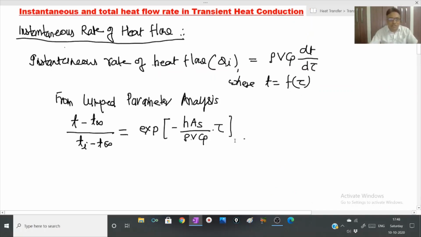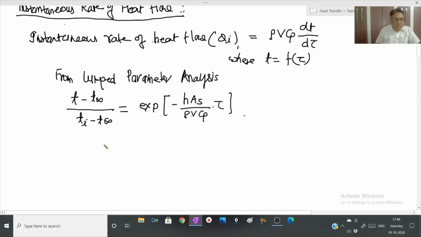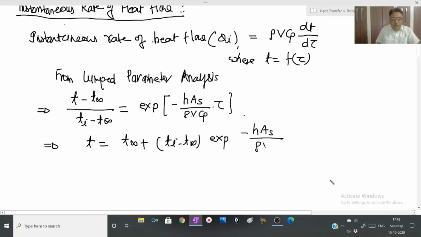From this expression, I can get the expression for T as T infinity plus Ti minus T infinity into exponential of minus h into As over rho V Cp tau.